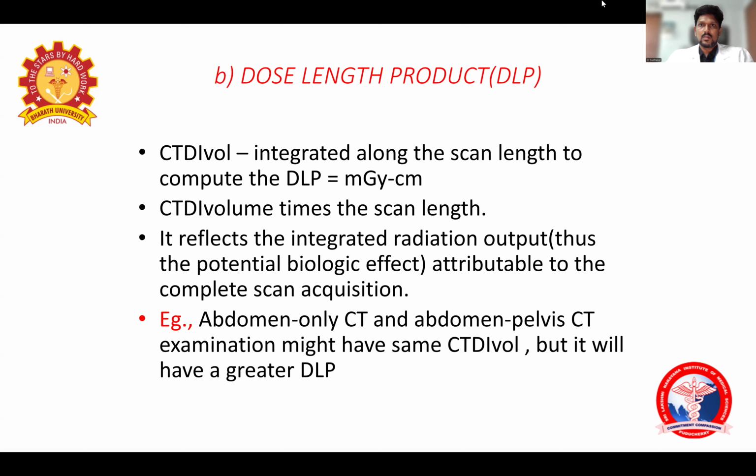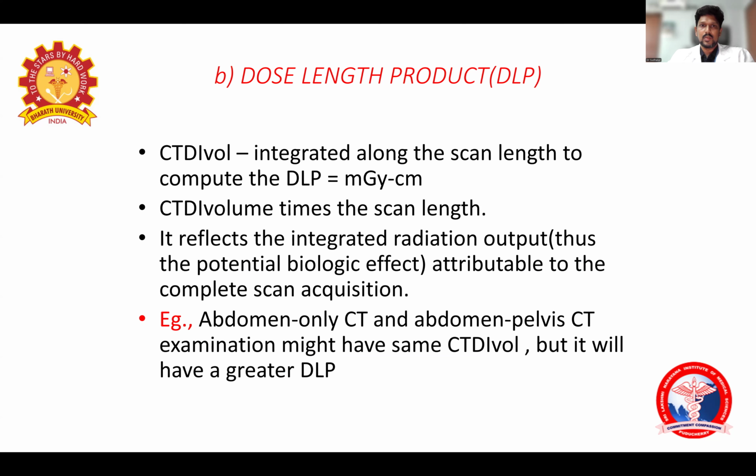So what is dose length product? It is the CTDI volume integrated along the scan length to compute the dose length product. So obviously the unit of dose length product will be milligray centimeter. It is the CTDI volume times the scan length. So it reflects the integrated radiation output attributable to the complete scan acquisition.